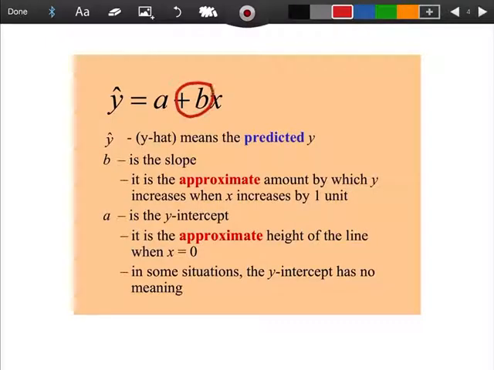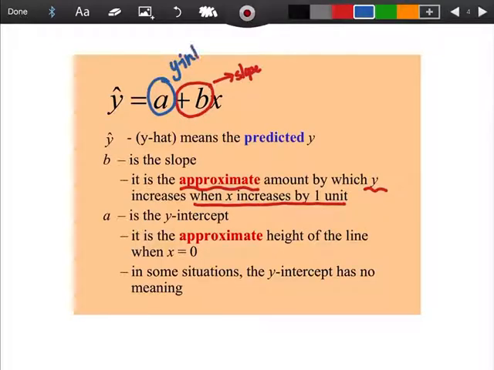When we're writing our regression equation, remember the coefficient in front of x along with the sign is the slope of the line. The slope of the line is the approximate amount by which our y increases or decreases, if it's negative, when our x value increases by 1 unit. We'll talk more about that later in this video.